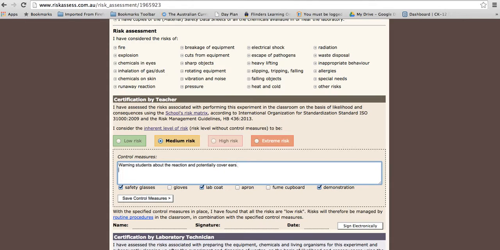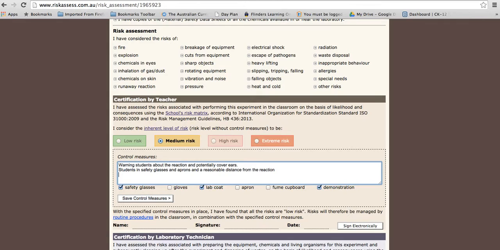Even though they're only doing it as a demo, this one you would still probably want to have students in safety glasses and aprons, okay, and a reasonable distance from the reaction.